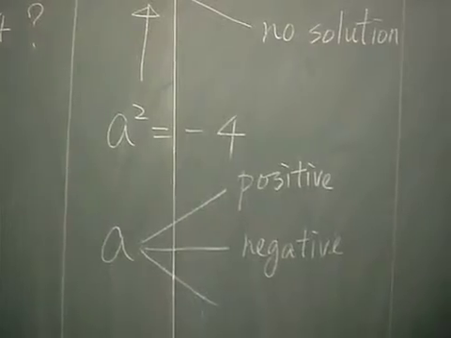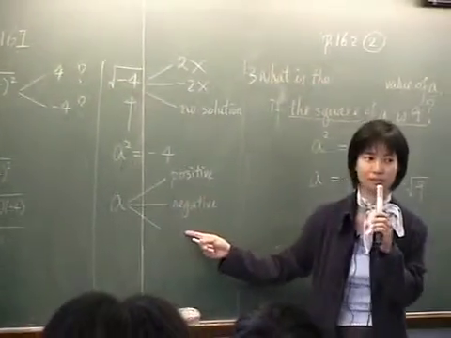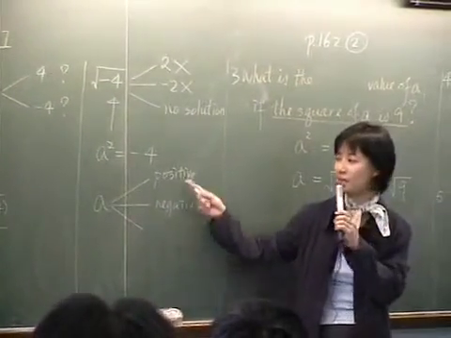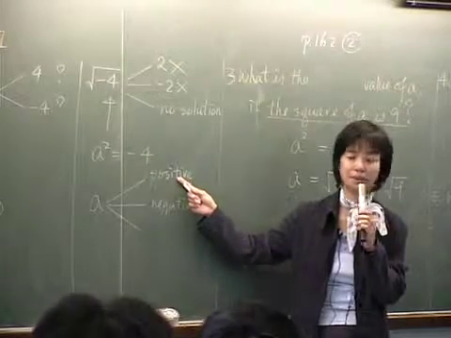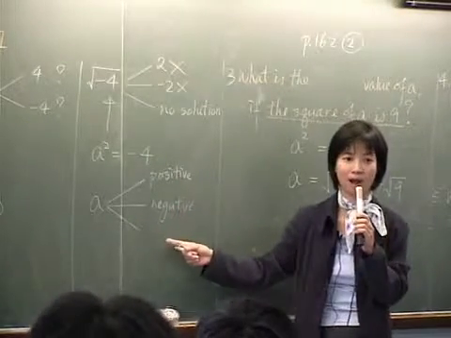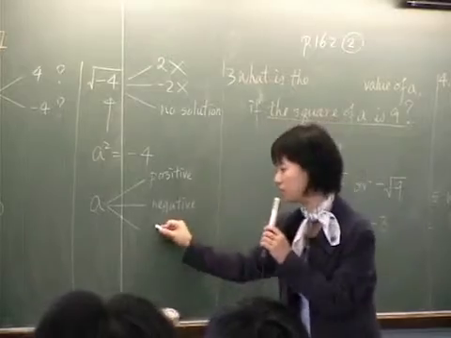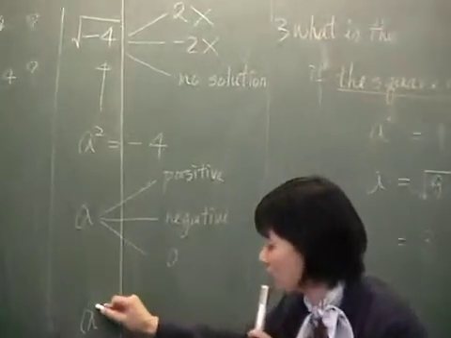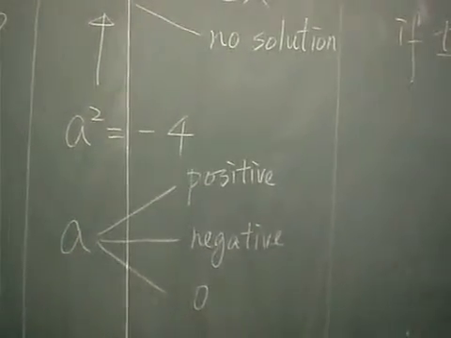A number must be one of these: maybe it is positive, maybe it is negative, or 0. Yes, very good.